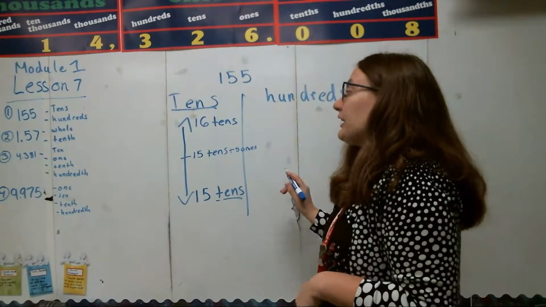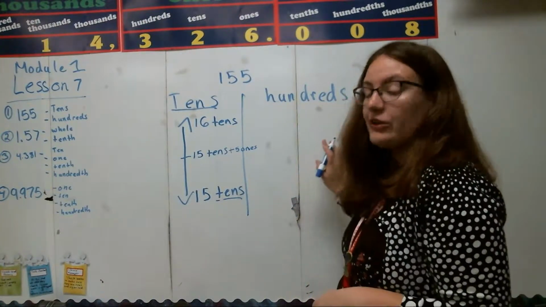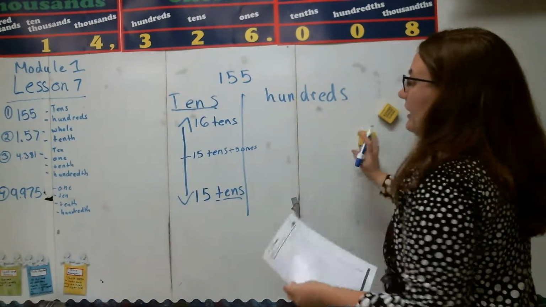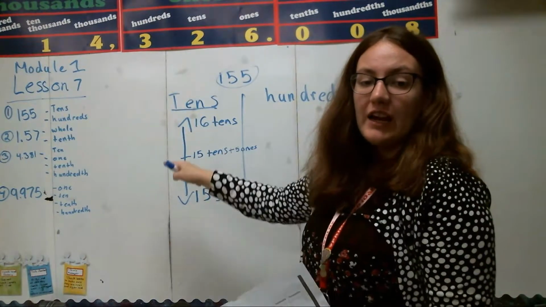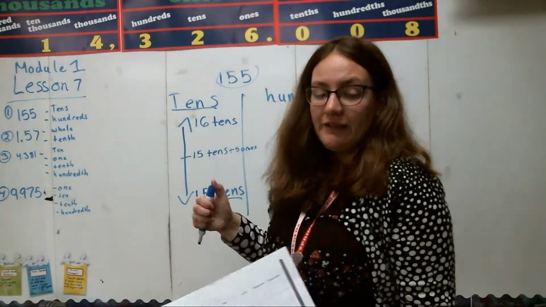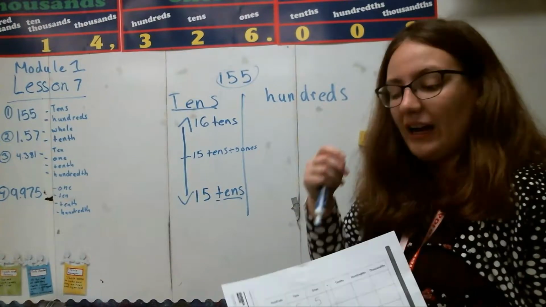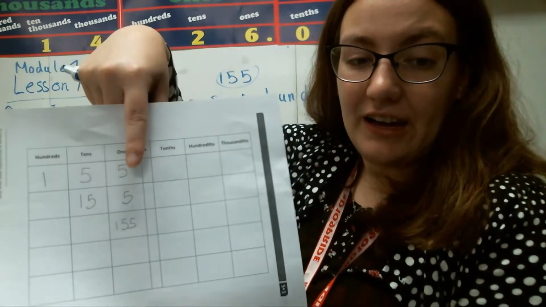So now I'm going to think about where my number would fall on this number line. This was just setting up our number line, and I now need to figure out where my number is going to go on it. If I take a look at my number where I decomposed it, I said that I have 15 tens and 5 ones.